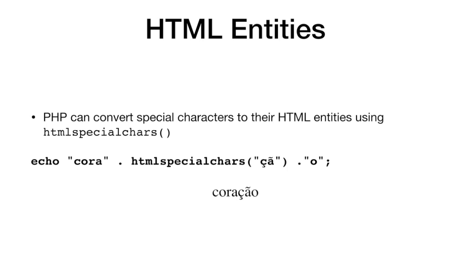And so this then will output coração. If you know that you are dealing with strings that may have non-English characters or accented characters in them, then you may need to use htmlspecialchars. So that's a way to automate the production of the HTML entities.